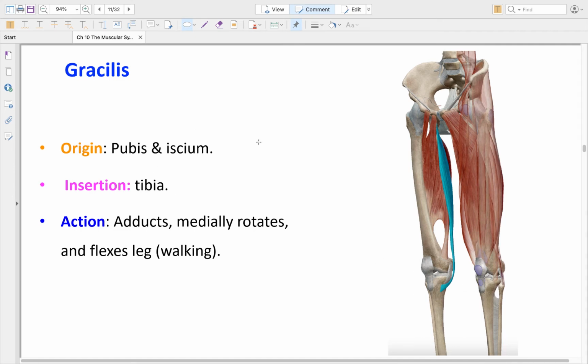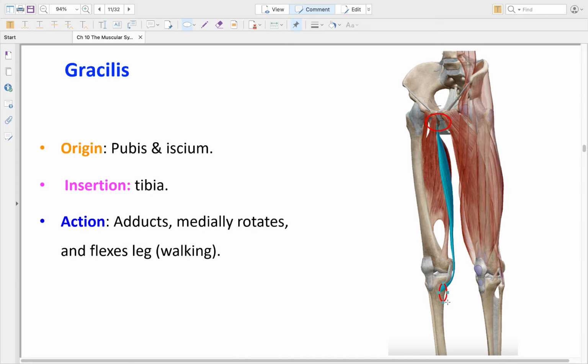The origin is the pubis and ischium of the hip bone, right? And it inserts way down here at the tibia. This muscle adducts, medially rotates and flexes the leg, and it assists in walking, which is quite significant.